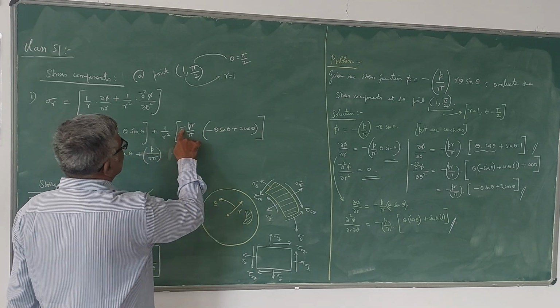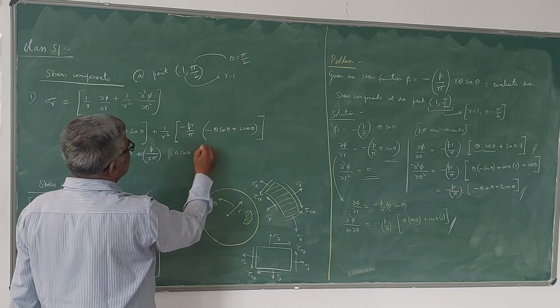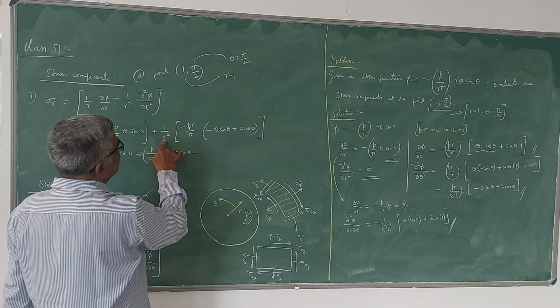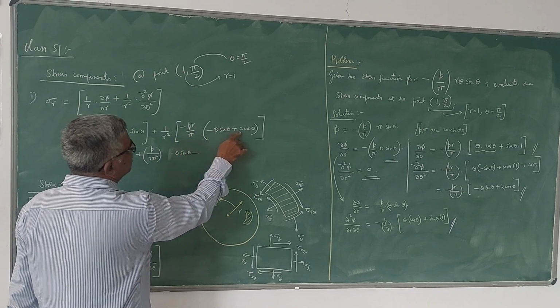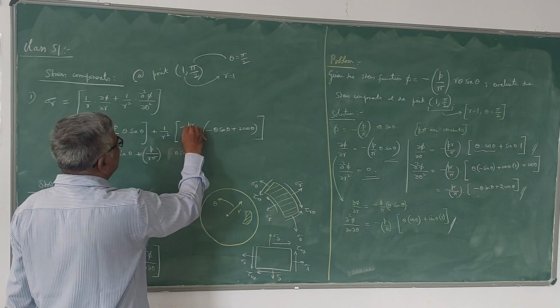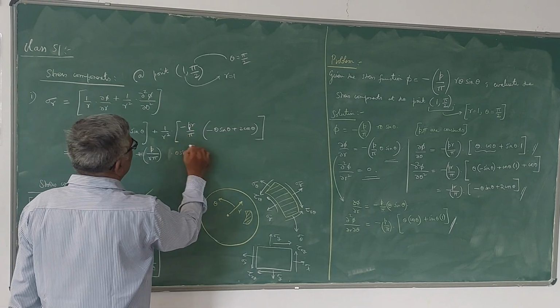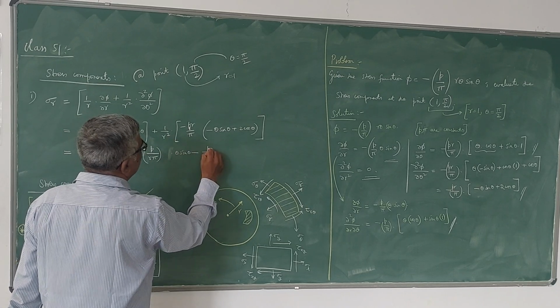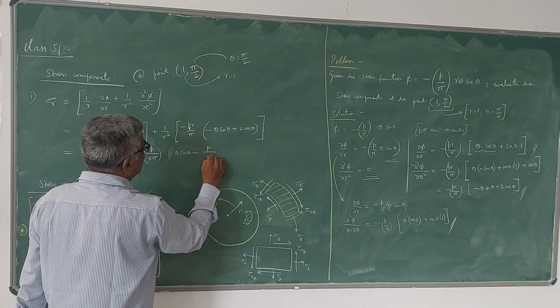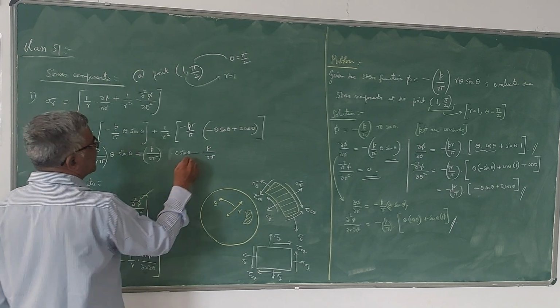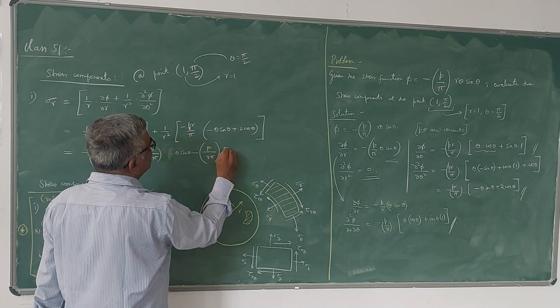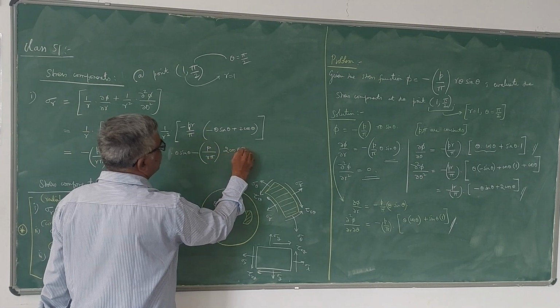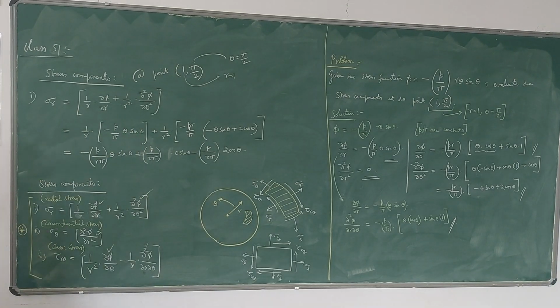Next, minus into plus, minus 1 by r square into PR by pi into 2 cos theta. That is the expression we get. So minus, I can write this once again: 1 by r, another r will get cancelled, P by R pi will be there into 2 cos theta. Do it carefully. That's what we get.